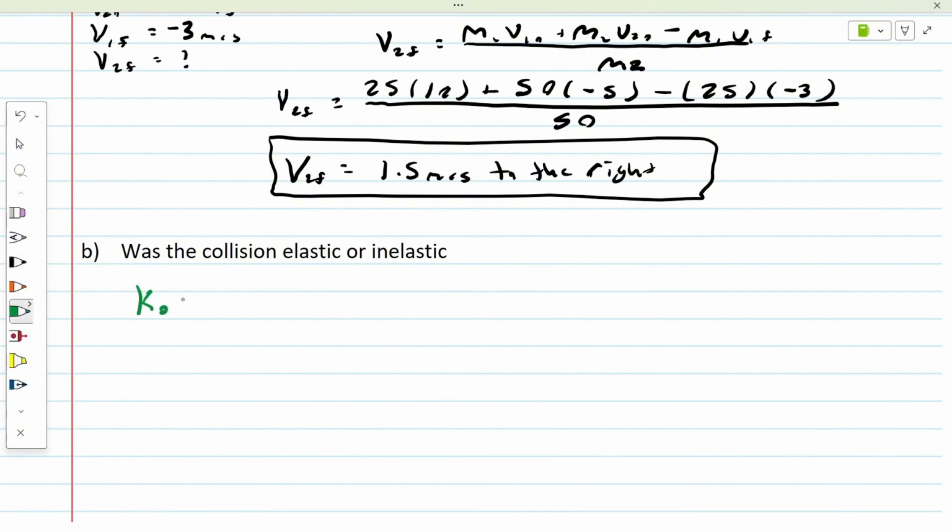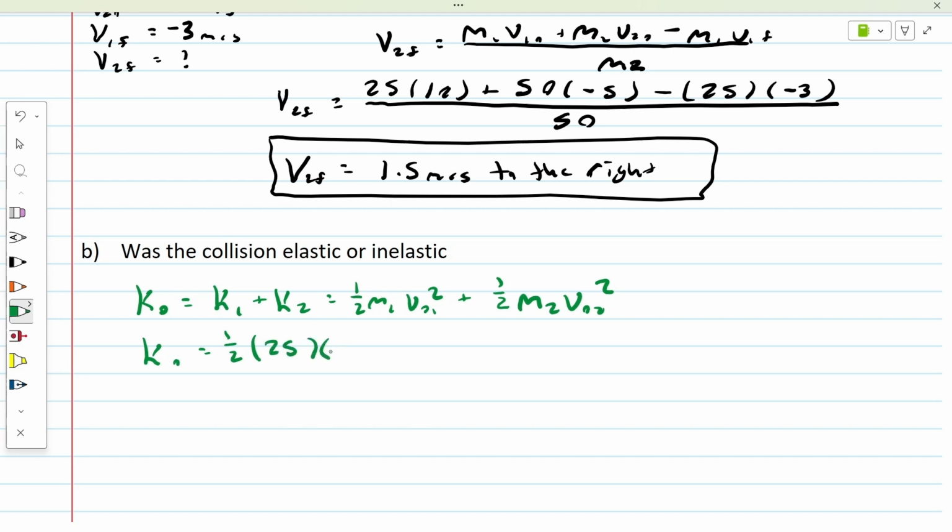So kinetic energy initial is equal to, obviously, the kinetic energy of ball 1 plus the kinetic energy of ball 2, which equals 1/2 m1 v1 initial squared plus 1/2 m2 v2 initial squared. And so we can go ahead and plug these in now. m1, which is 25, v1 initial, which is 10, okay, m2, which is 50, v2 initial, which is negative 5.